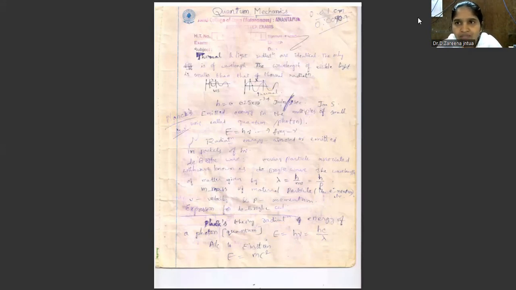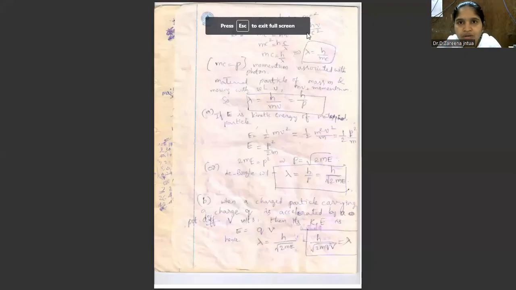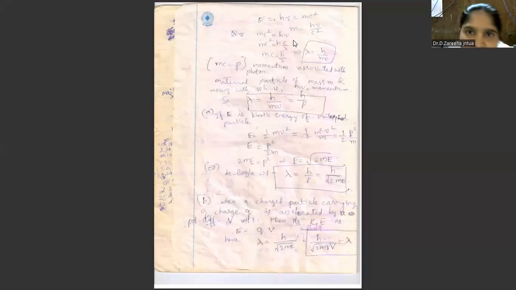So h nu is equal to mc square, and m is equal to h nu by c square. Then mc square is equal to h into c by lambda. Then mc is equal to h by lambda, which gives lambda is equal to h by mc.